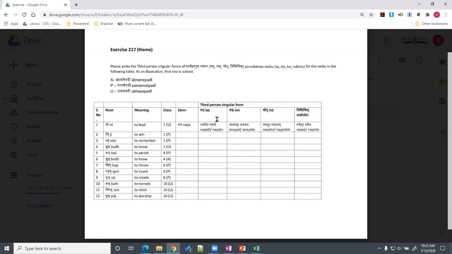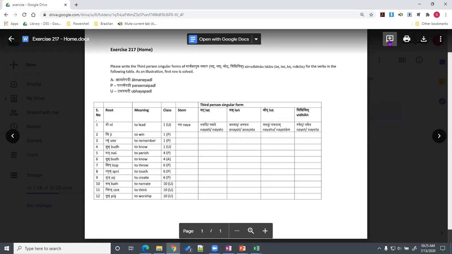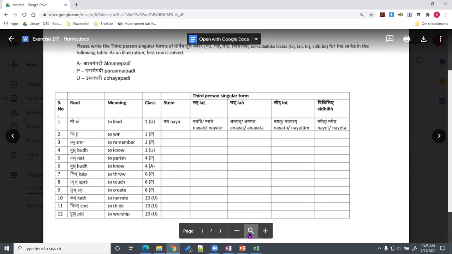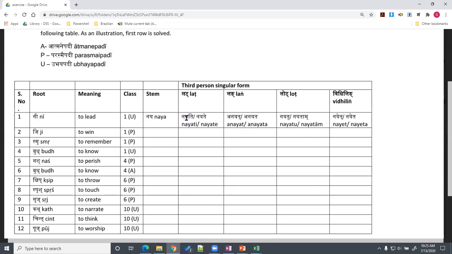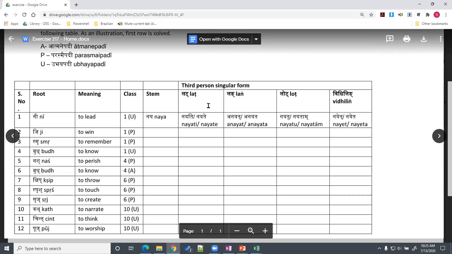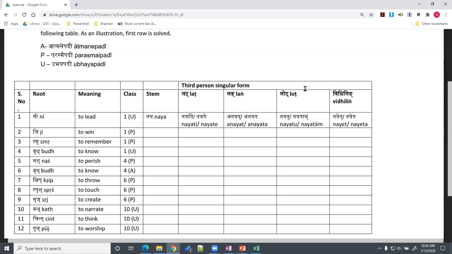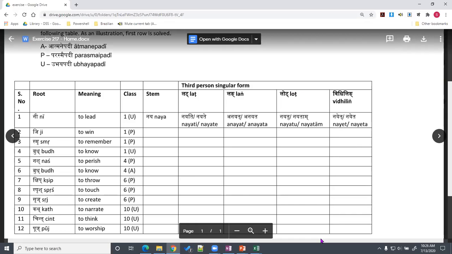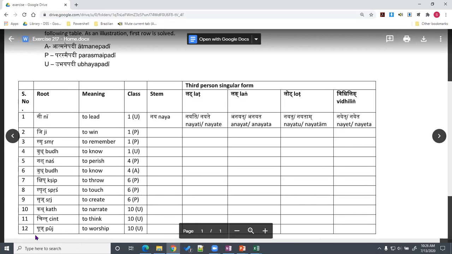We have done all these four lakaras already. All you have to do is put the third person singular form of lat lakara, lang lakara, lot lakara, vidhiling lakara. So you can check your tables. Once you make the stem, it should be a pretty straightforward process.